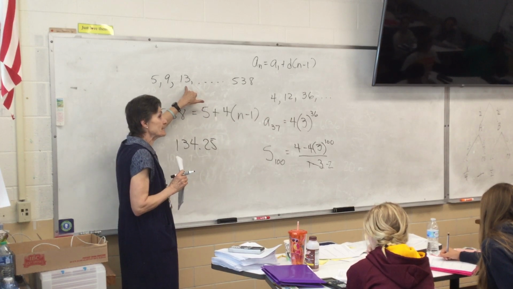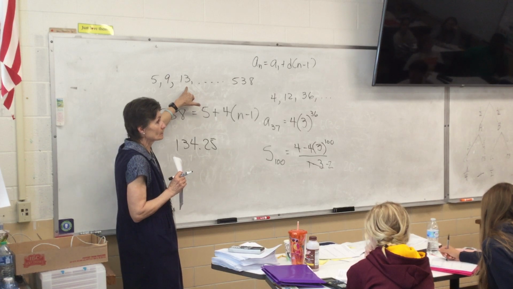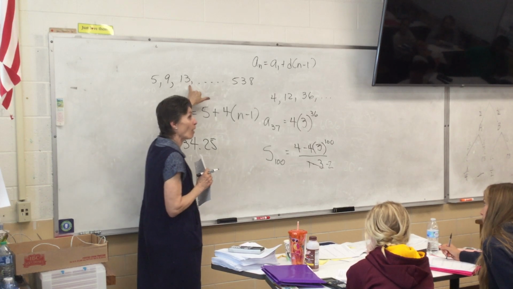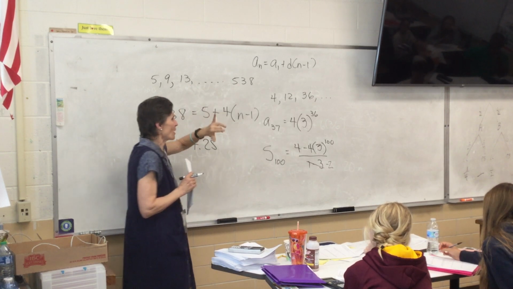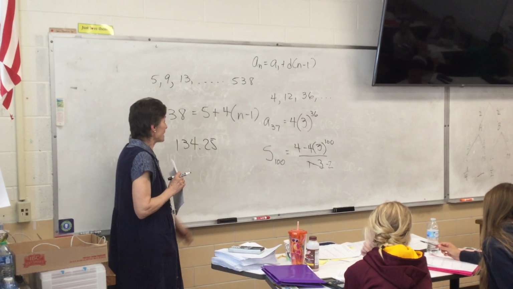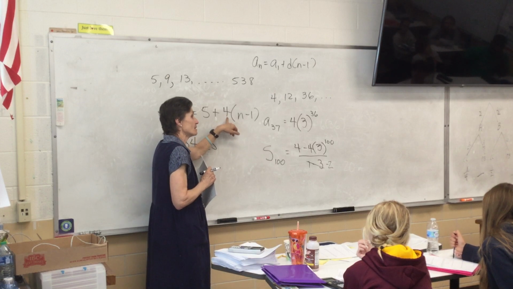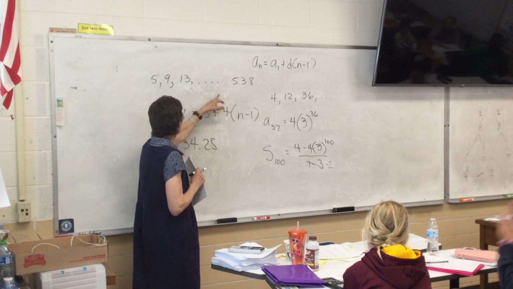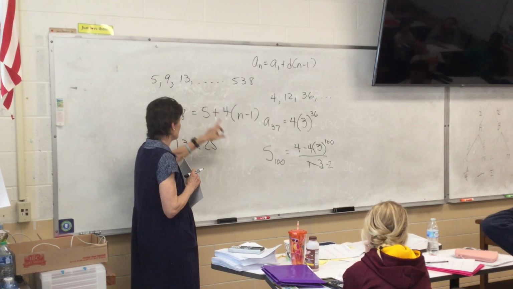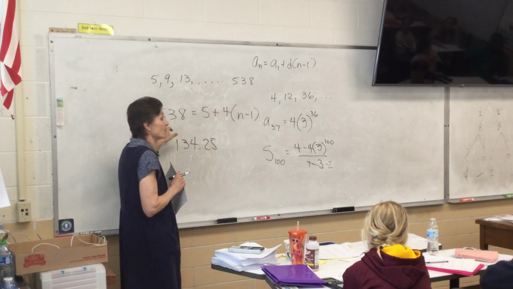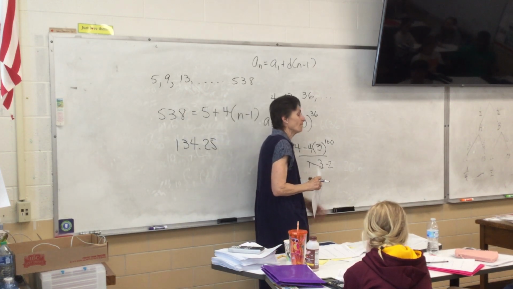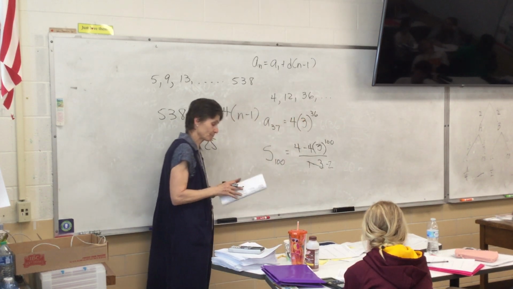Okay, is 13 divided by 4 a whole number? Technically, no. But it's part of the sequence, right? So think twice about that. Now, there is a division that happens, but it isn't the term. It's the term minus the starting point. If you took 538 minus 5, that then needs to be divided by 4. Yeah, that will work.